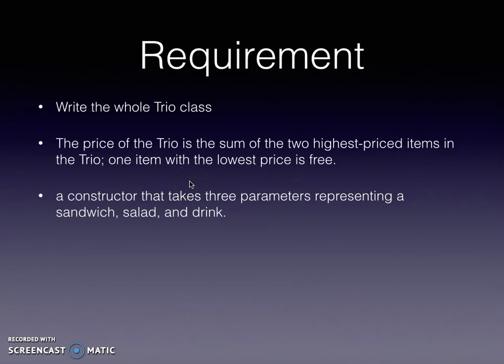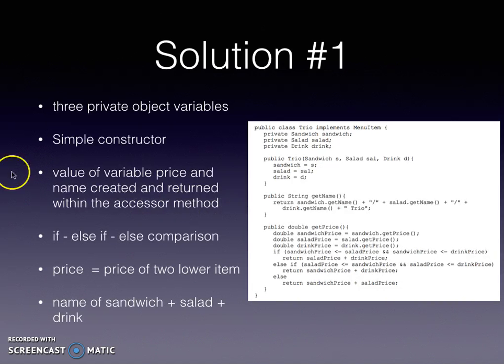The constructor will take the 3 parameters and be given certain values, so you can either put all the code into the constructor, or you can put all the code into the 2 accessor methods. It depends on personal preference. And here is official solution 1 from the College Board.